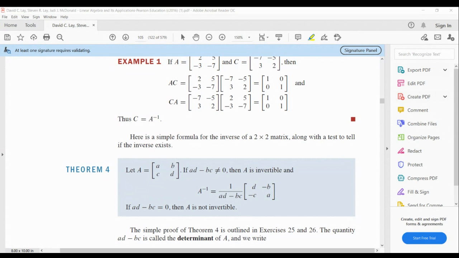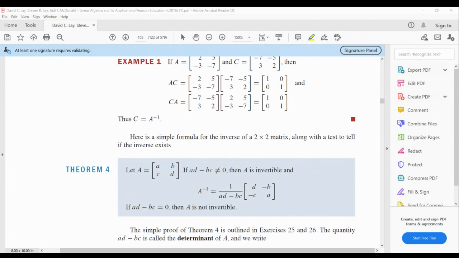Solomon's seen it, okay. Has anybody else seen that formula maybe in the past? All right, well, this is how you find an inverse for a 2 by 2 matrix. Looks familiar, okay. It should be familiar to some of you.